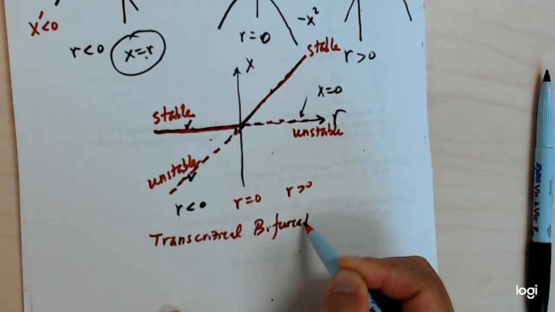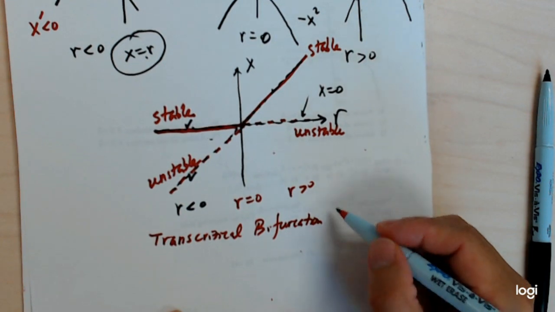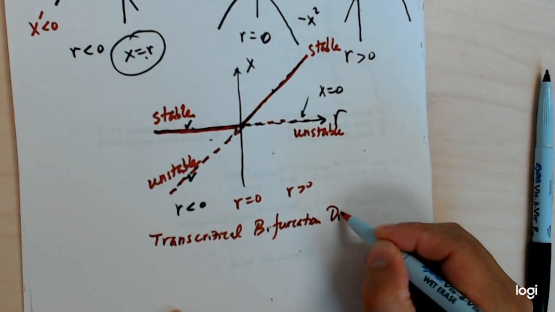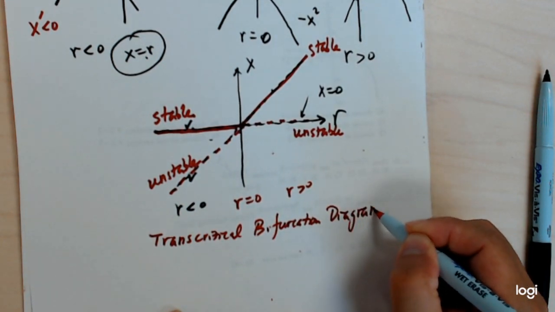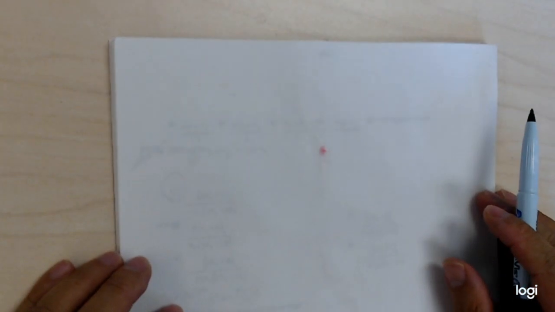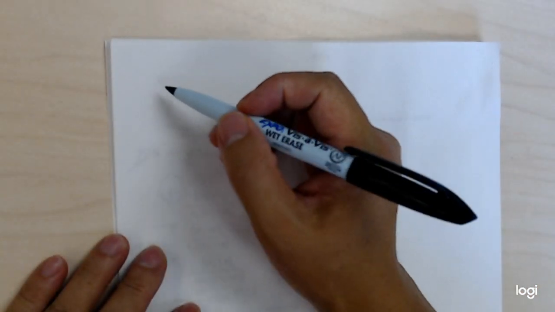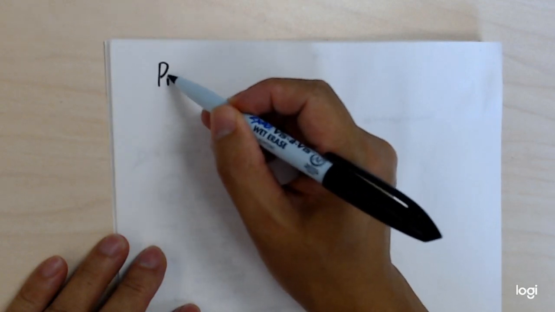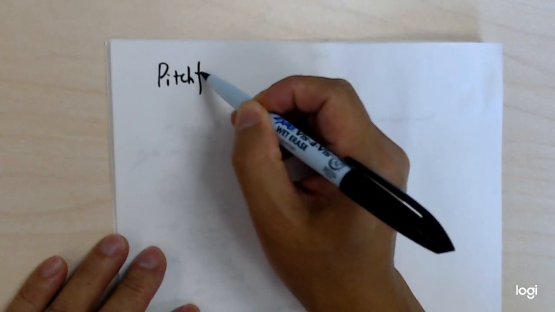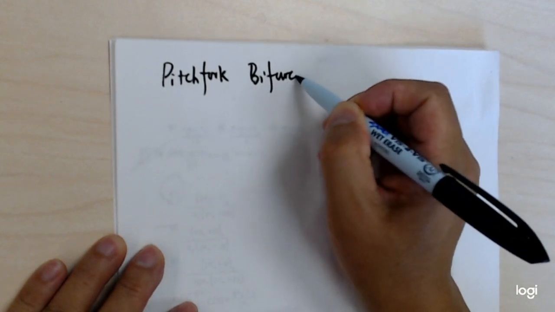So once again, whenever the equilibrium interchanges stability, we call this transcritical bifurcation. All right, the third type of bifurcation we're going to talk about in one dimension is what we call pitchfork bifurcation.